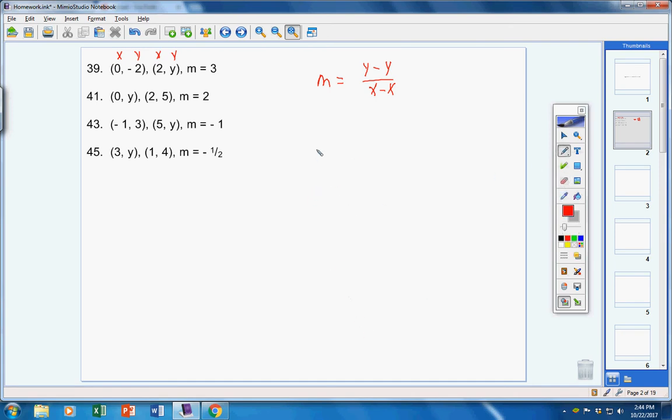Now, my slope is negative 1. My first y is 3. My second y is y. My first x is negative 1. And my last x is 5. So here we go.